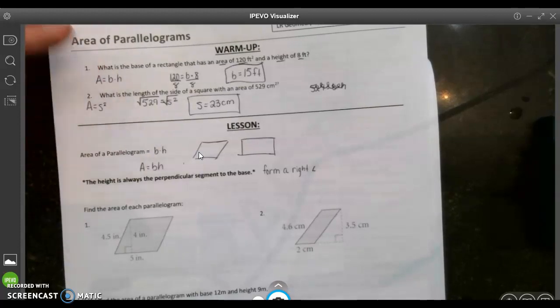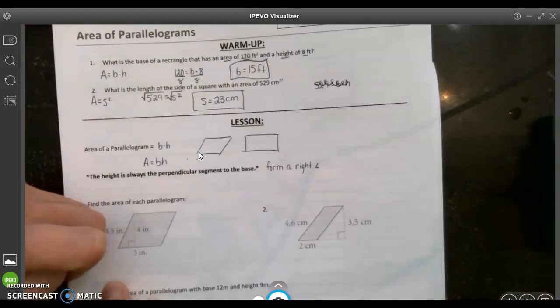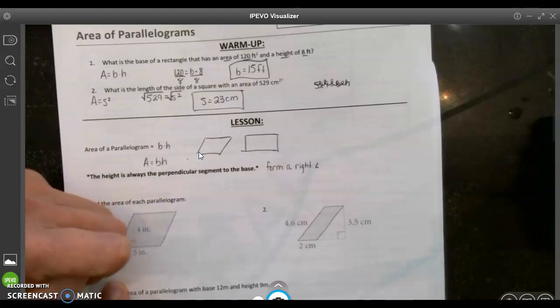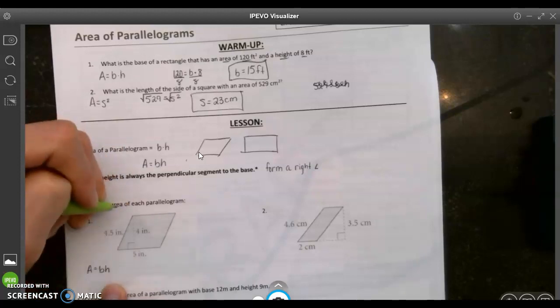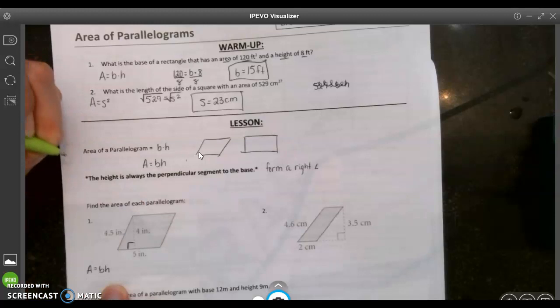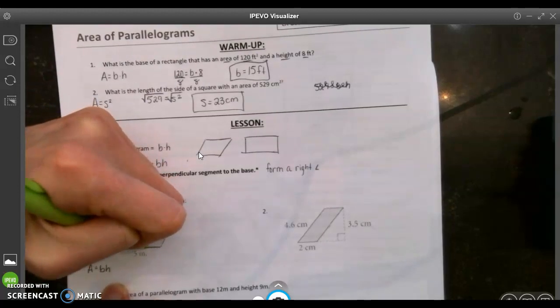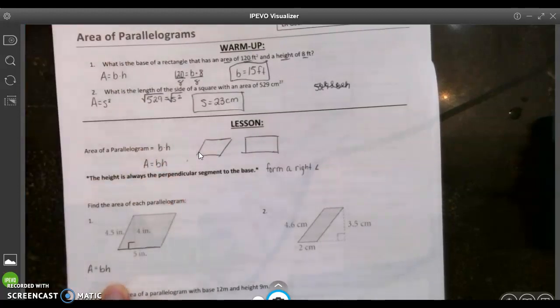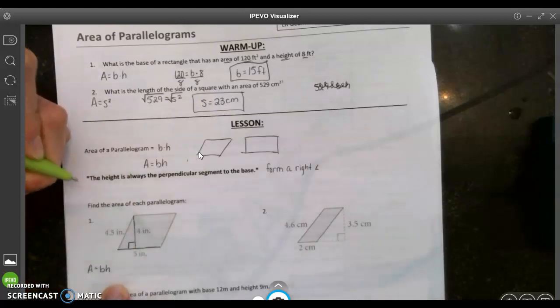So we're going to see extra information in some of these problems. If we look at number 1, we have 3 different numbers, but we only need 2. We want to plug in a base times a height. So there's 1 number I'm not going to use. I want whatever 2 numbers are connected to this perpendicular. If I draw that perpendicular, this bottom touches that right angle, and this vertical touches that perpendicular.